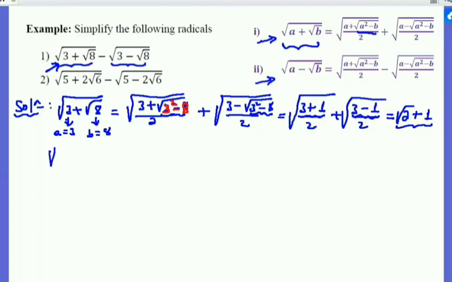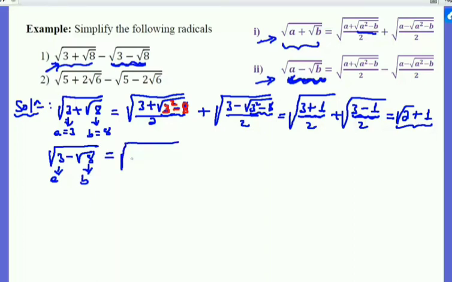Again, let us calculate the second expression, radical 3 minus radical 8. To simplify this one, we can write radical 3 minus radical 8. Consider this as a and this as b, and apply the second formula. The bigger radical of 3 minus radical 8 has exactly this form. Therefore, apply the second formula to evaluate this.